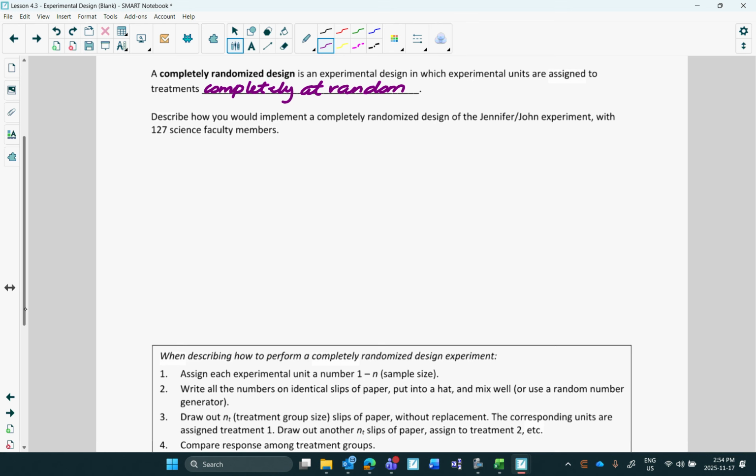Okay? So I'll just do a paragraph. Assign each faculty member a number from 1 to 127, because that's how many were in the group.